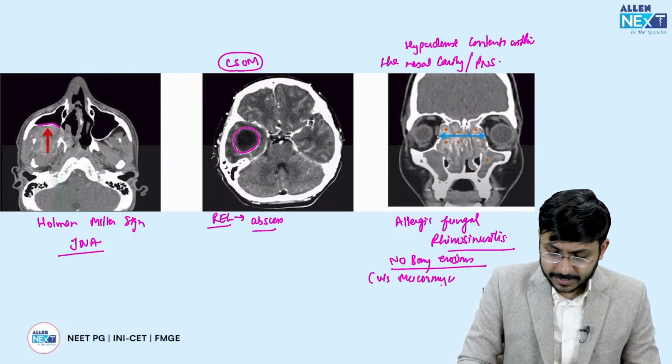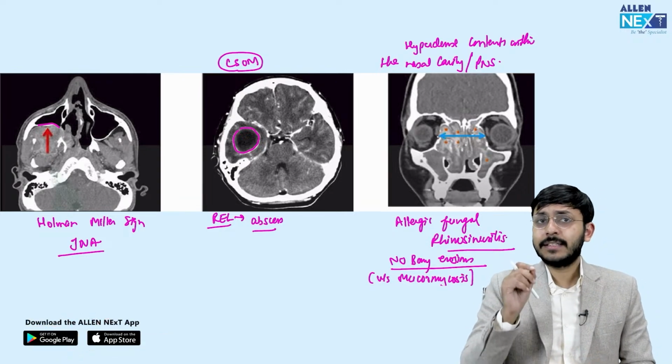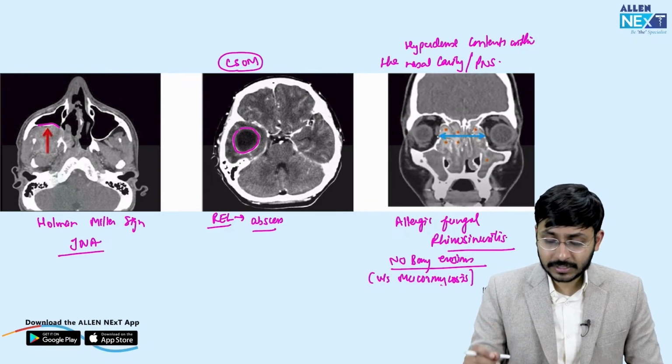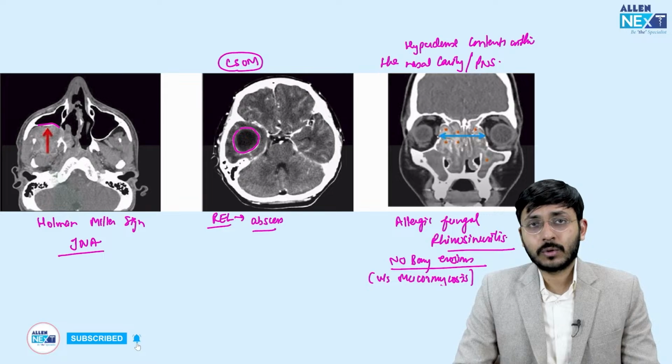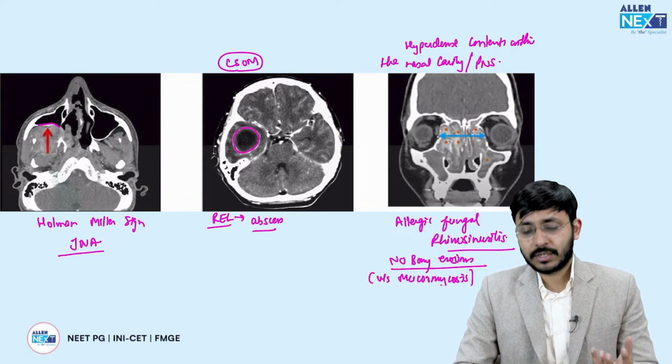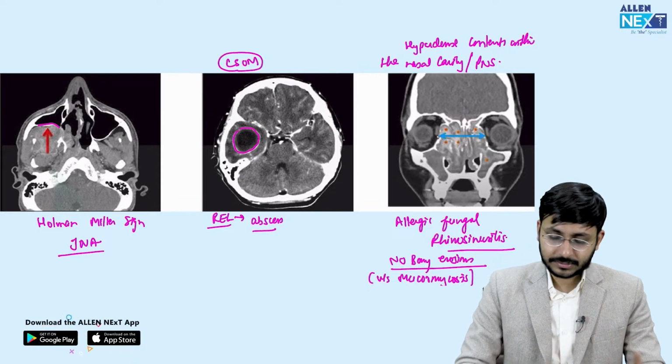Mucormycosis is an angioinvasive fungus, and it invades and destroys the various bones, whereas allergic fungal rhinosinusitis does not cause bone erosion, it just causes bony expansion. So this is a fungal element that is present in a paranasal sinus.